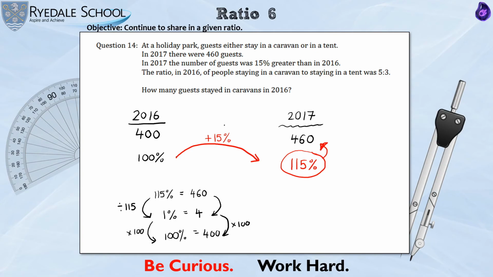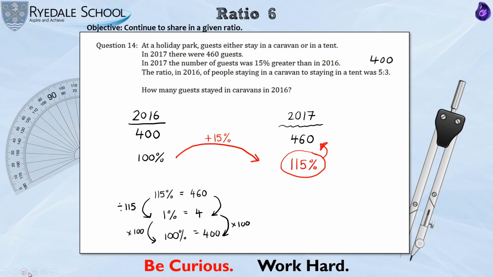And you can just quickly check this now by adding 15%. 10% is 40, 5% is 20, so 15% is 60, and that's now working. 400 add 15% is 460. So it's the number 400 that I need to split in the ratio 5:3.